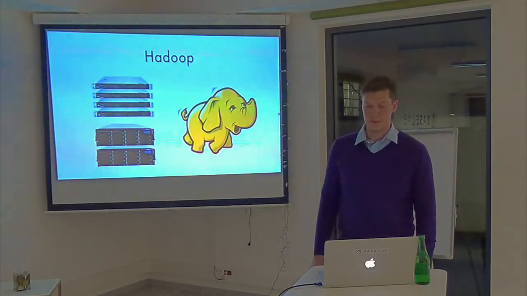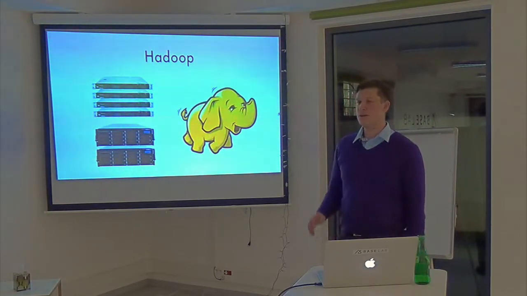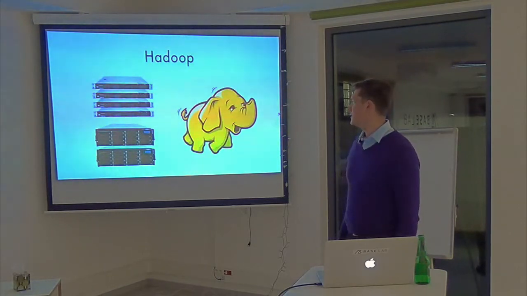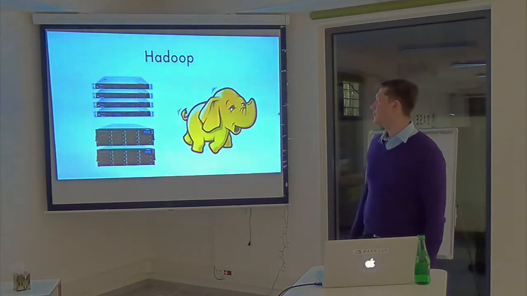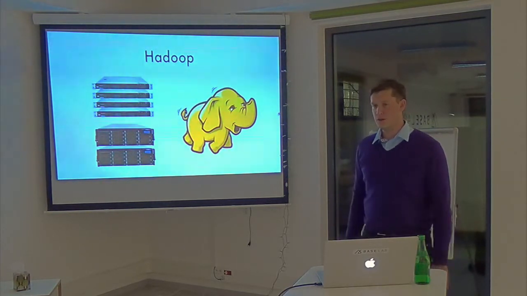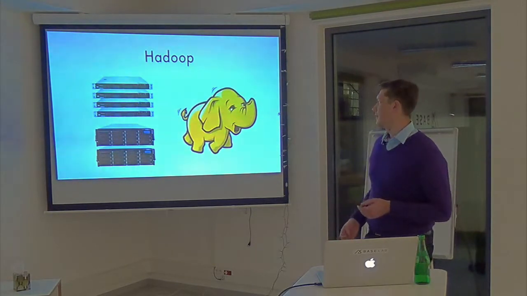Let's start with Hadoop. From a really, really high perspective, I would say Hadoop is a kind of operating system for a data center. So let's say you have a couple of machines that you want to run some programs on. You probably want to run the same program on all of them to gather all the power.